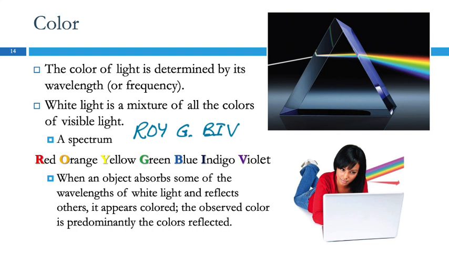When an object absorbs some of those wavelengths and reflects other wavelengths, that is what we observe as the color. And so if we look at this woman, her red shirt is primarily reflecting red light and absorbing the other colors. Blue jeans, reflecting blue light, absorbing the other colors.